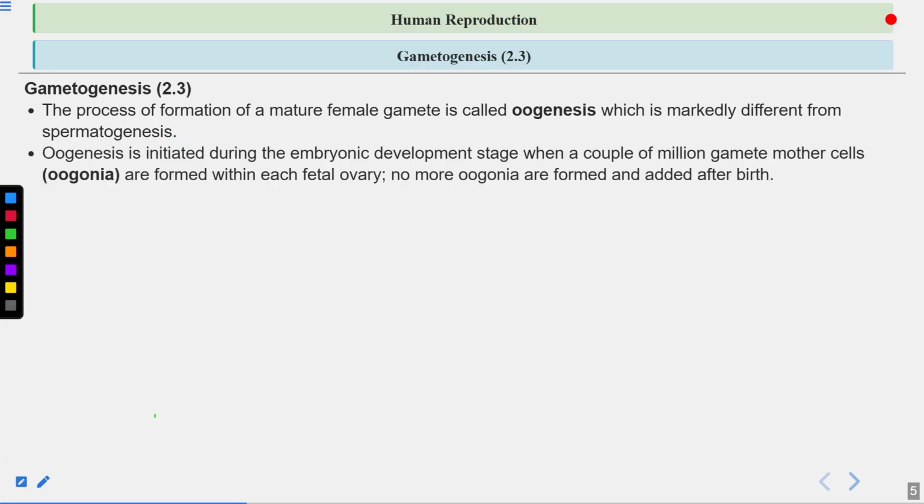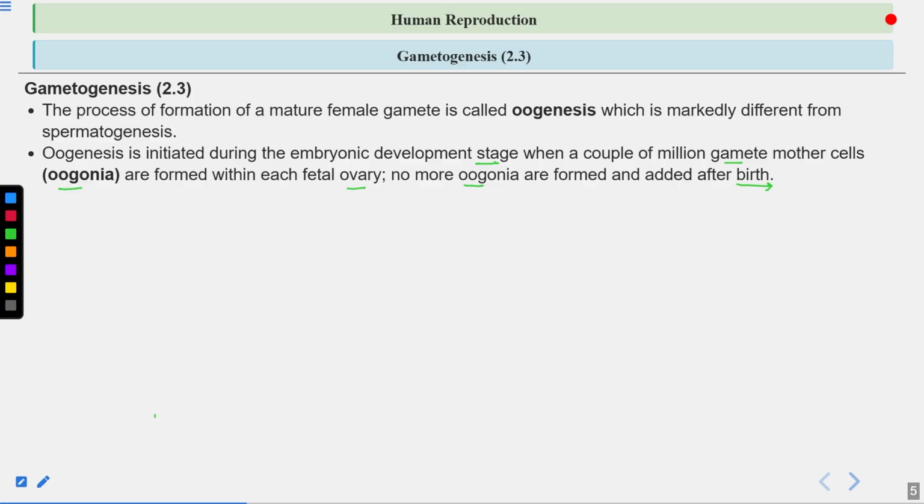Now, oogenesis is initiated during the embryonic developmental stage, when a couple of million gamete mother cells known as oogonia are formed within each fetal ovary, and no more oogonia are formed and added after birth. So this is one of the major differences between spermatogenesis and oogenesis.